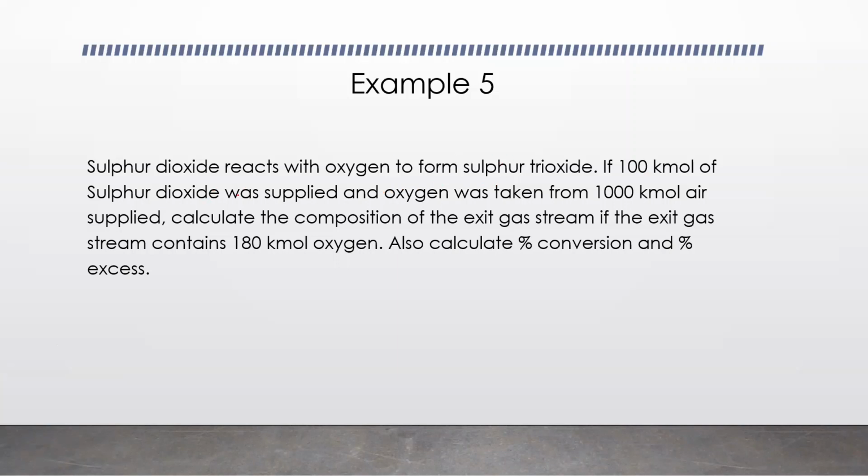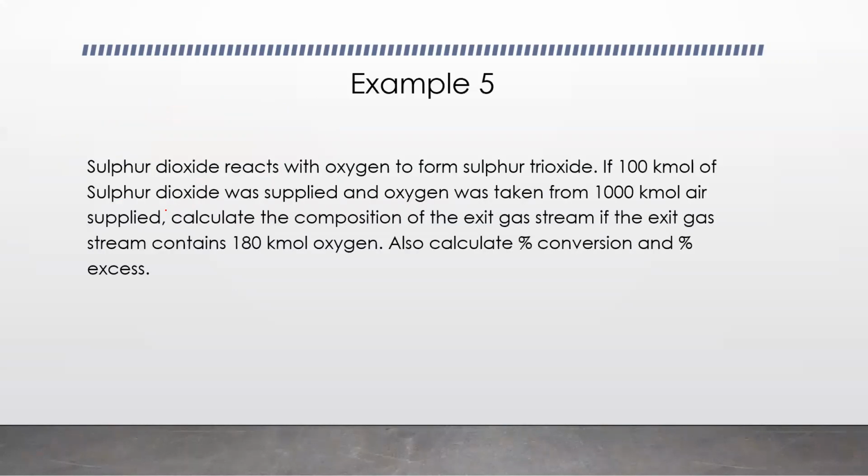If 100 kilomole of sulfur dioxide was supplied and oxygen was taken from 1000 kilomole of air, calculate the composition of exit gas stream if the exit gas stream contains 180 kilomoles of oxygen, and also calculate the percentage conversion and the percentage excess.